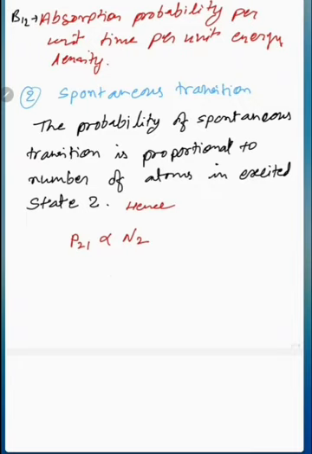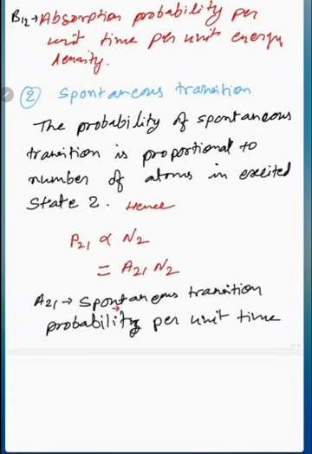When we replace the proportionality sign, we take another proportionality constant A21, and A21 represents spontaneous transition probability per unit time. Suppose this is equation number 2.